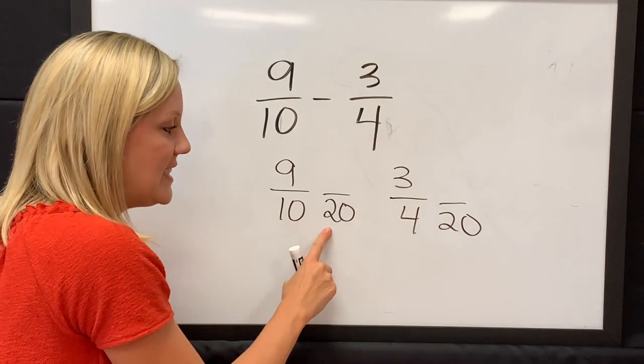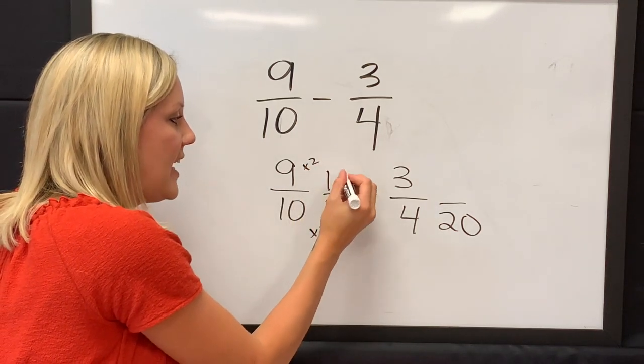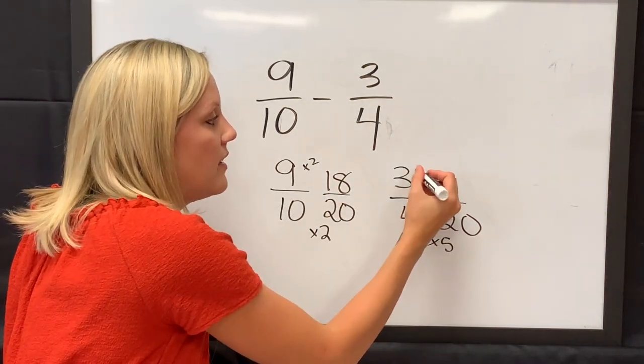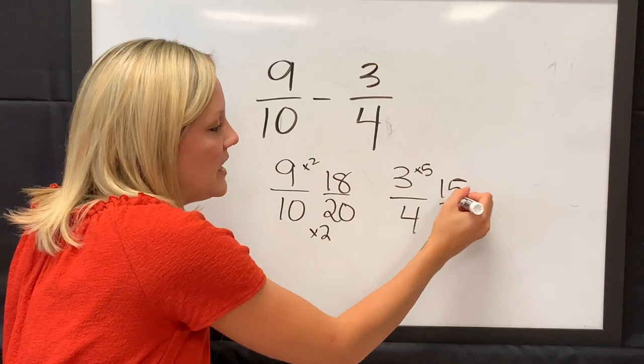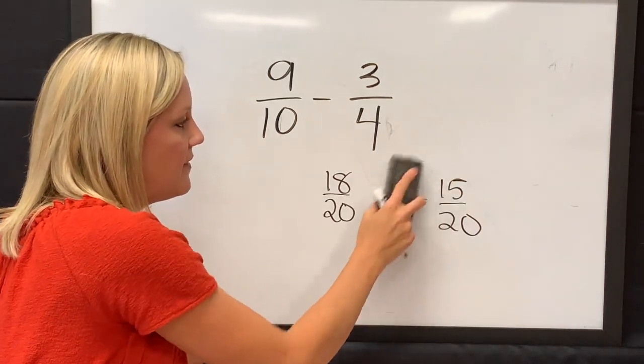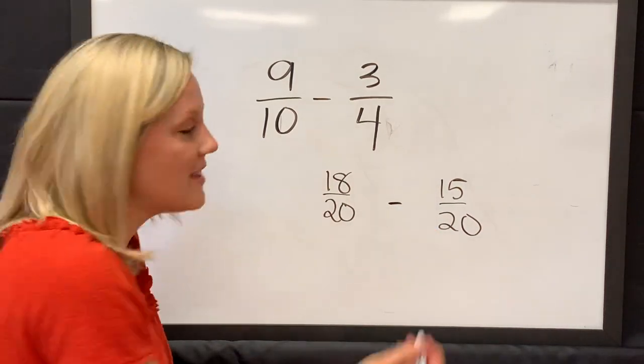Okay, 10 times 2 is 20. 9 times 2 is 18. 4 times 5 is 20. 3 times 5 is 15. Okay, so I have 18/20 minus 15/20.